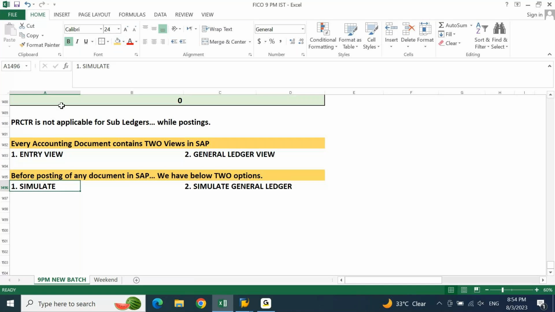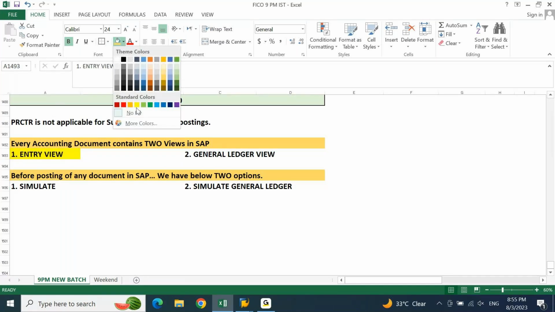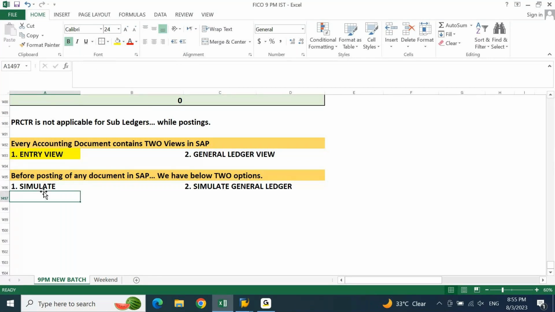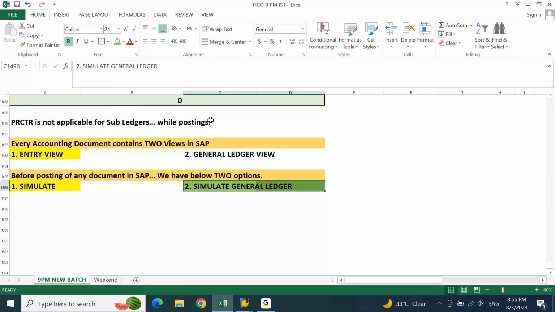Now these two correspond to each other. Entry view is your simulate. Whenever you simulate, you will see the entry in entry view. Whenever you click on simulate general ledger, it will display the document in general ledger view.